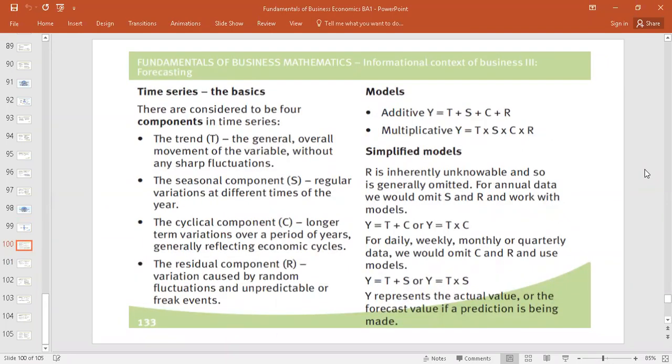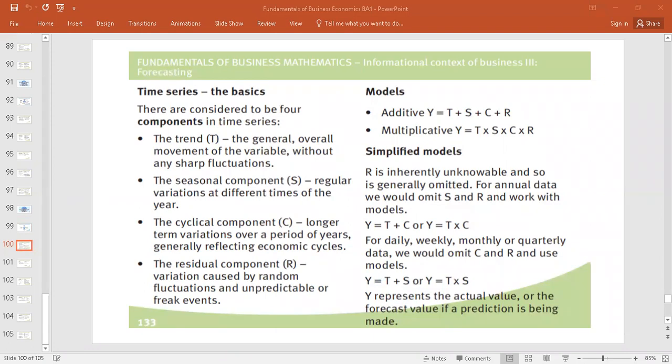See, for seasonal adjustments, we need to know what the trend is. Trend into the seasonal adjustment, T into S. That is the multiplicative model.